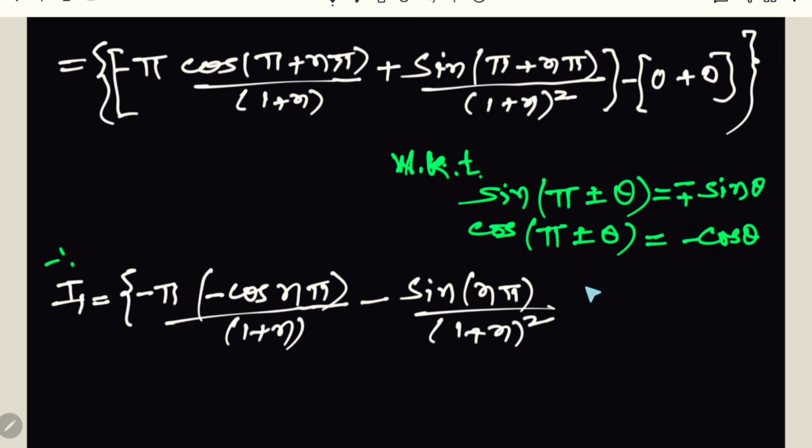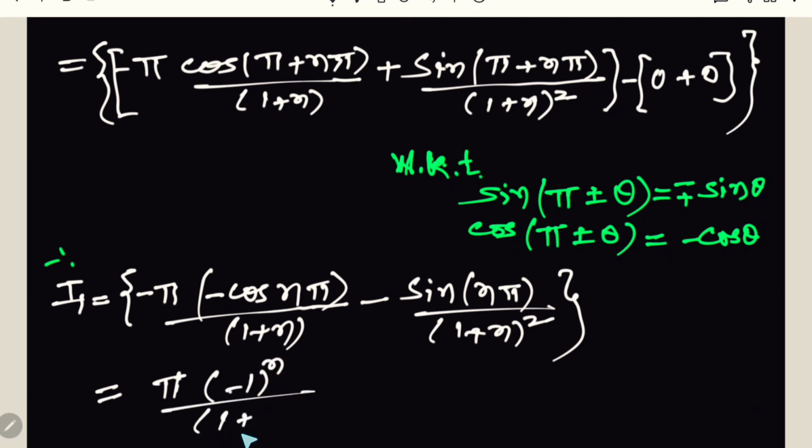Lower limit 0. Then minus minus it becomes plus pi, value of cos n pi is known to all of you as minus 1 raised to n upon 1 plus n, and sin n pi is 0.